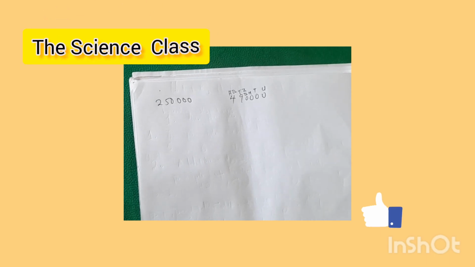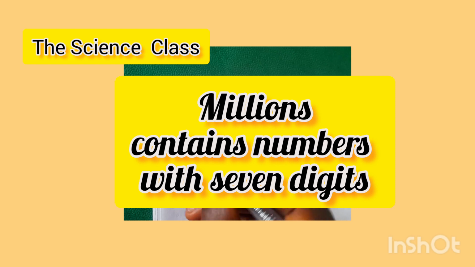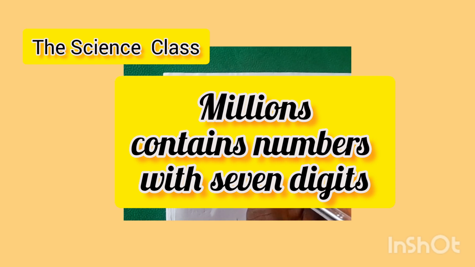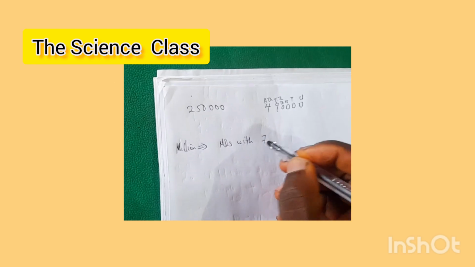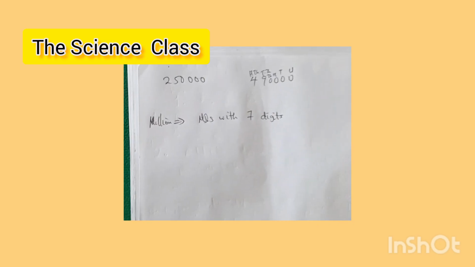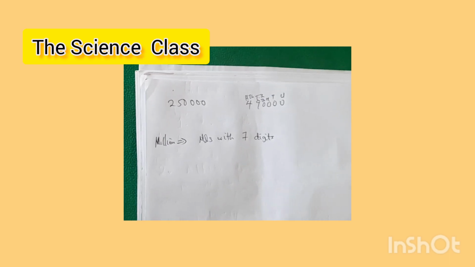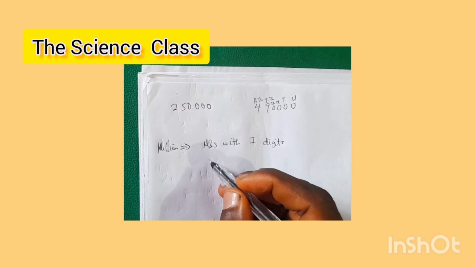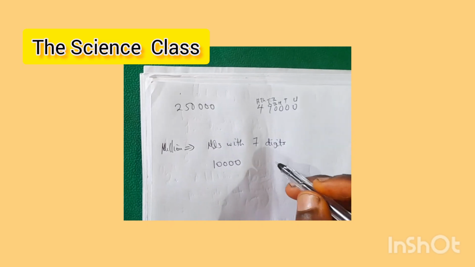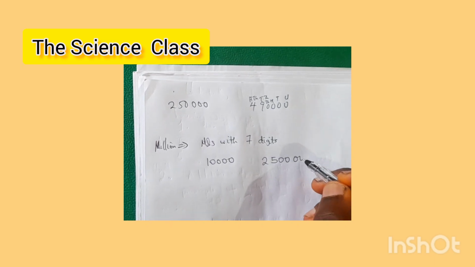You get. So the next one is the million. Millions are numbers with 7 digits. Examples of numbers in this place are 1,000,000 and 2,500,000.